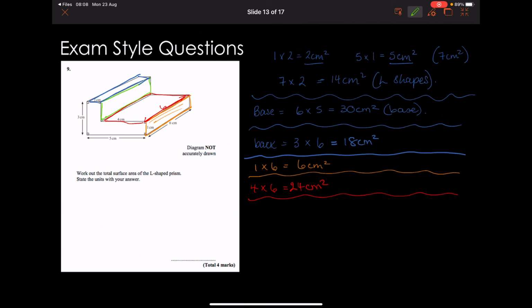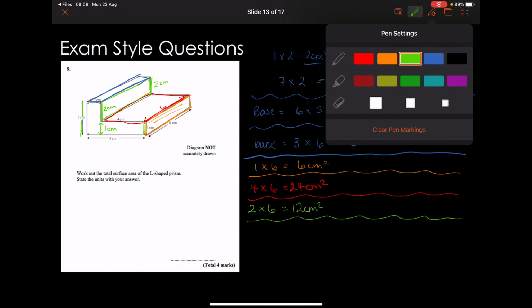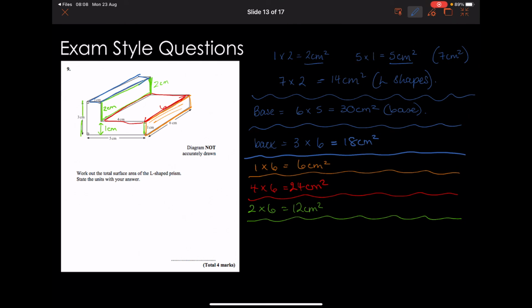The bit in green, now just be careful, remember this length, either side was 2, because in total it's 3, and this is 1. So if that's 1, this bit must be 2. So that'll be 2 times 6, which is 12 centimetres squared. And then finally, the section in blue at the top is just going to be 1 times 6 again, which is 6 centimetres squared.